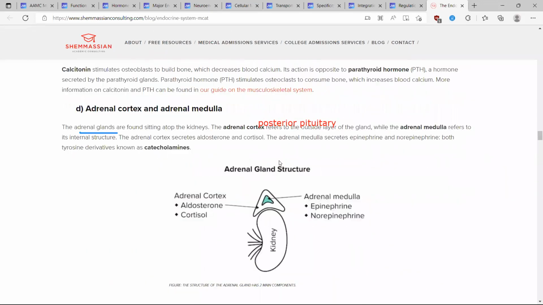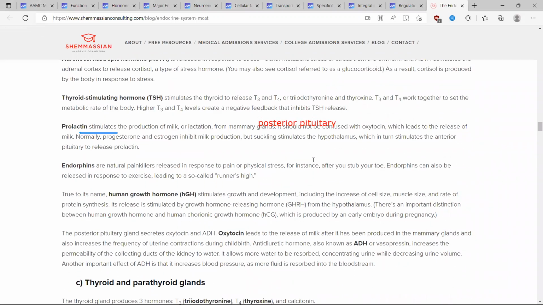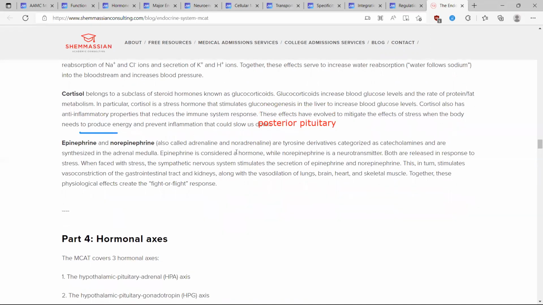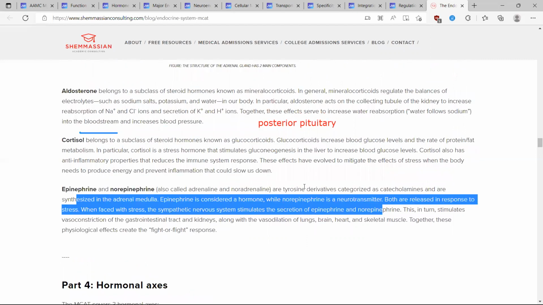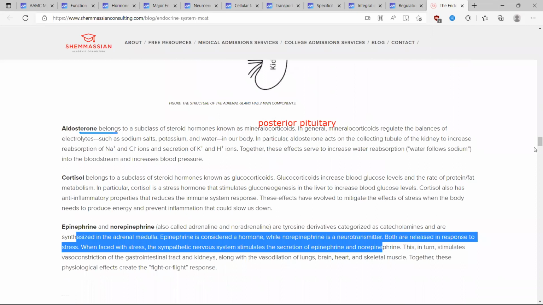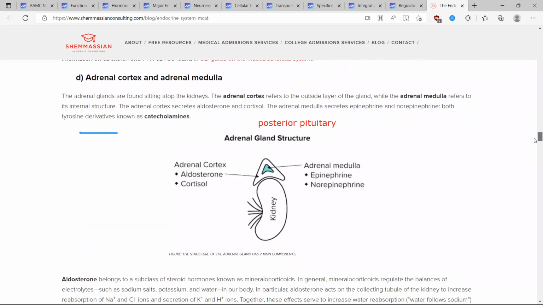Wait, sorry, I think I misspoke. The sympathetic nervous system stimulates epinephrine and norepinephrine. Okay, so the epinephrine and the norepinephrine are coming from the adrenal medulla.